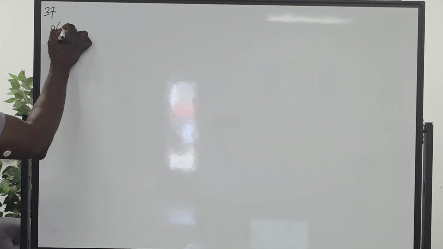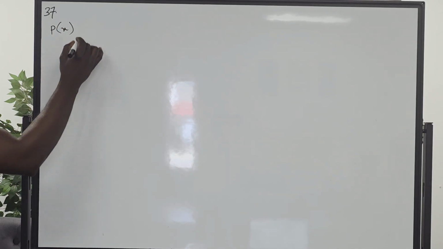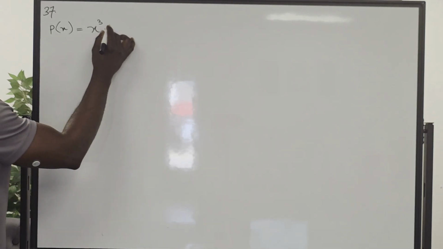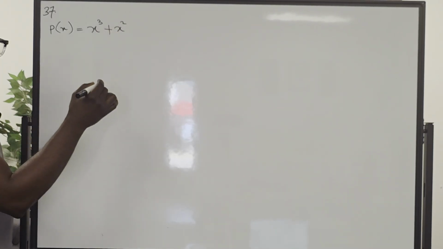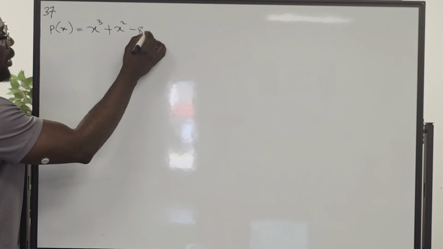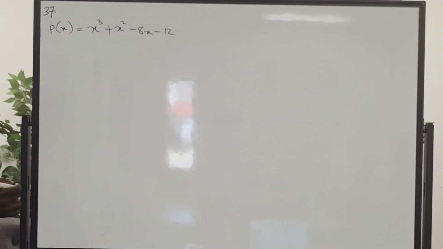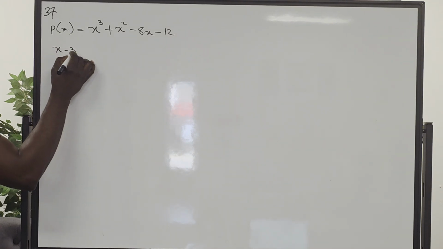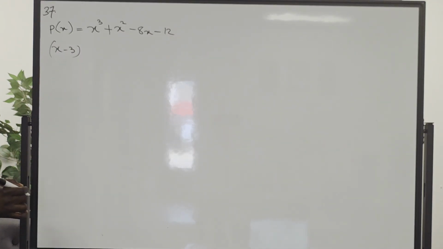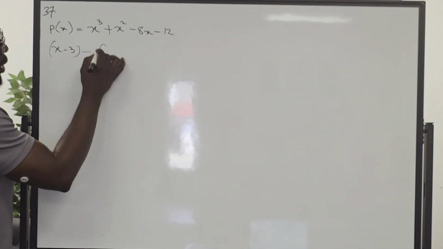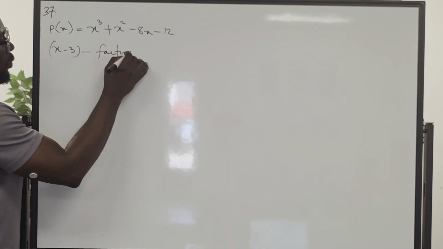Question 37 says the polynomial function defined by P of x is equal to x cubed plus x squared minus 8x minus 12 has x minus 3 as one of its linear factors. So this is one of the factors, right?